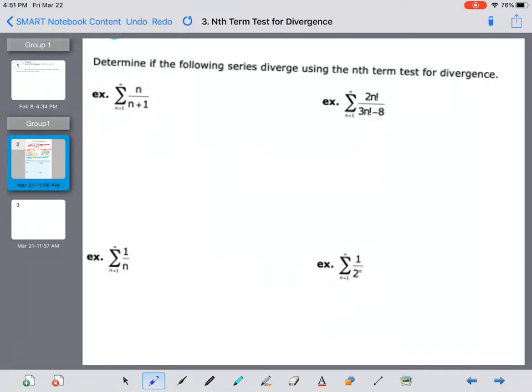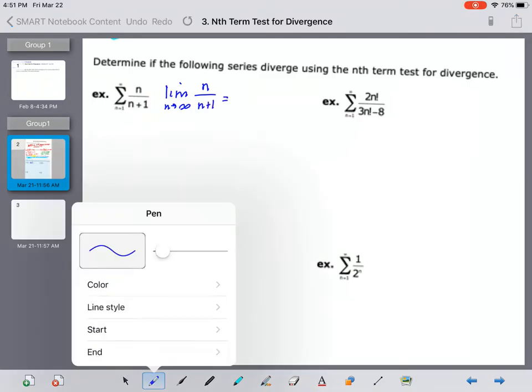Remember, when we talked about proving divergence and convergence with geometric, I said we want to state the series, we want to state the conditions, and then we want to state the test that we're using once we get to our conclusion. So the first thing that we want to do is evaluate the limit, because those are the conditions. So our first thing in all of these is to just simply evaluate the limit as n approaches infinity. So for this one, the limit as n approaches infinity of n over n plus 1. Okay, again, we look at our highest terms.